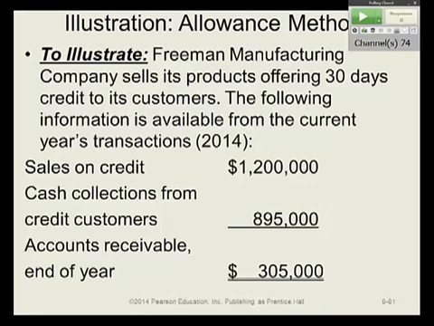Now, of course, what you would expect to be able to do at this point is to make the entries that correspond, if you were asked, to these changes in the accounts receivable. So what entry would you make here? You would debit accounts receivable and credit sales. And that, again, is something that's common in the homework.